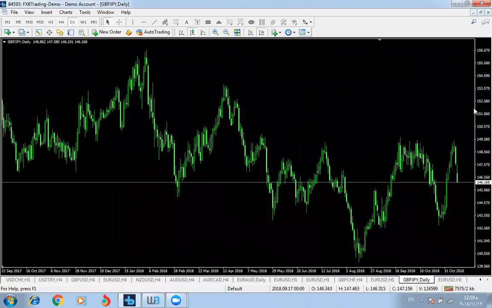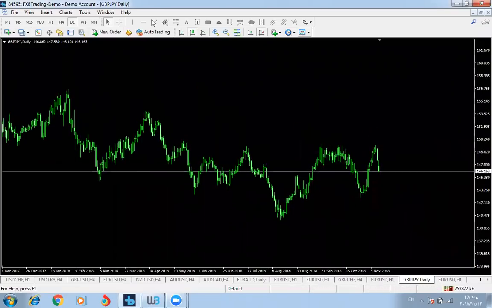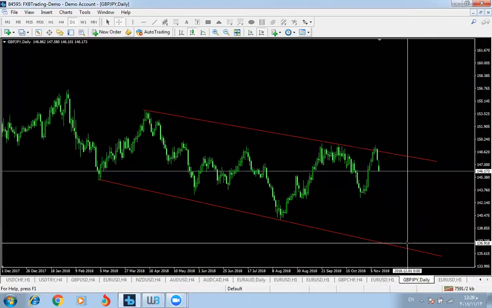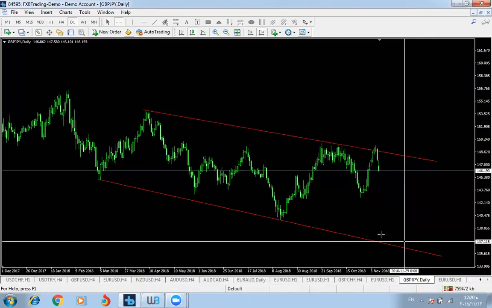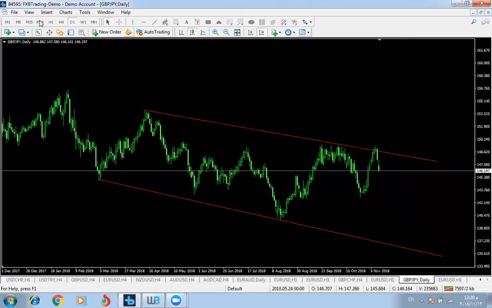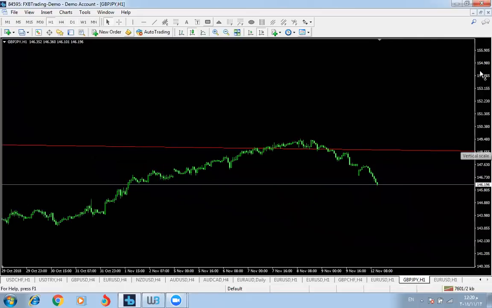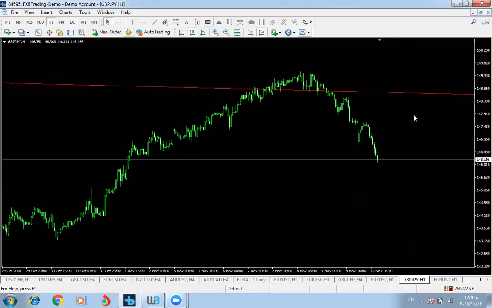This is wave 1, wave 2, wave 3, and draw a line. So we are expecting the pound yen to move to around 136 area. We can go to 1 hour time frame, and after each correction we can build our orders right there.